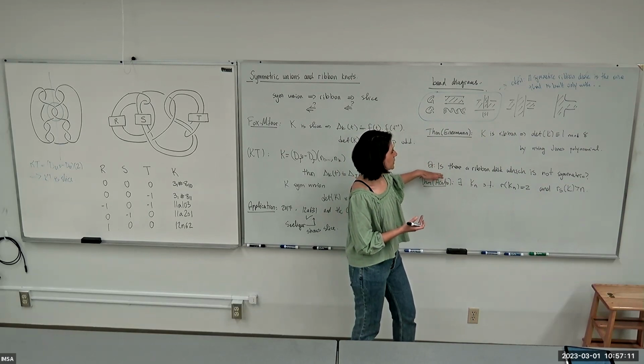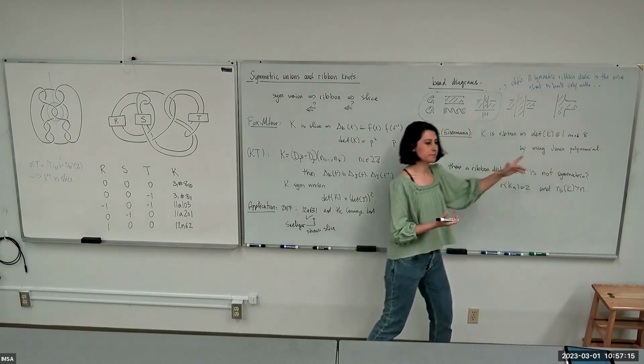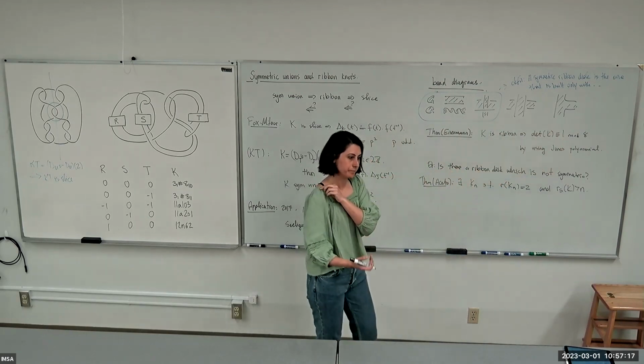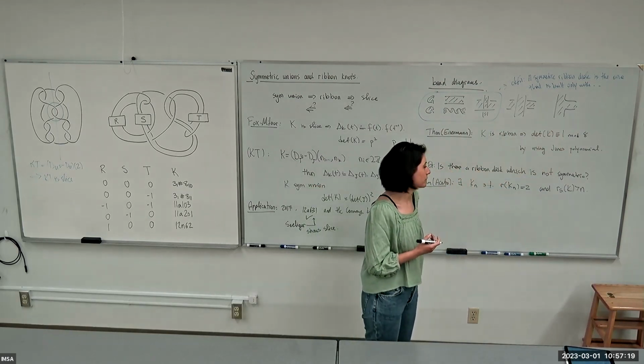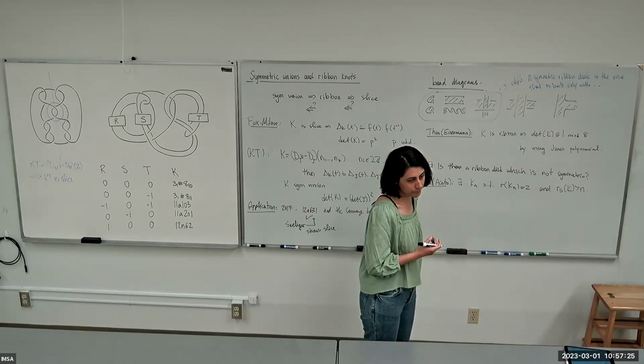for which there is no isotopy that gets rid of these two pieces. You have a presentation of a ribbon disk where you see these two ribbon intersections, and when you isotope that ribbon disk into a symmetric presentation, it causes those intersections. Exactly.